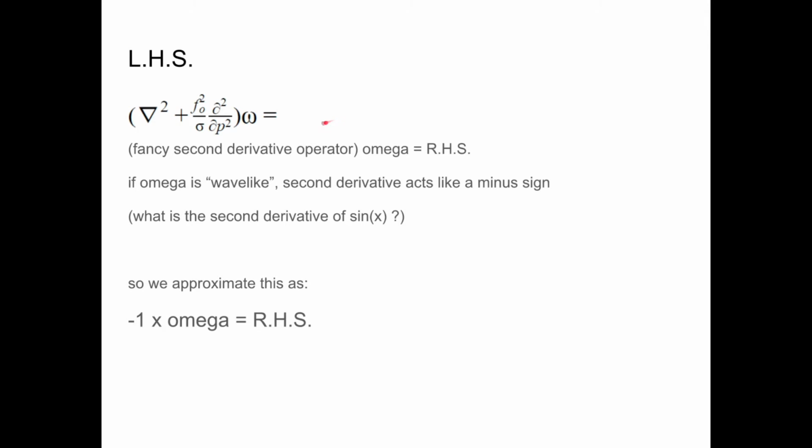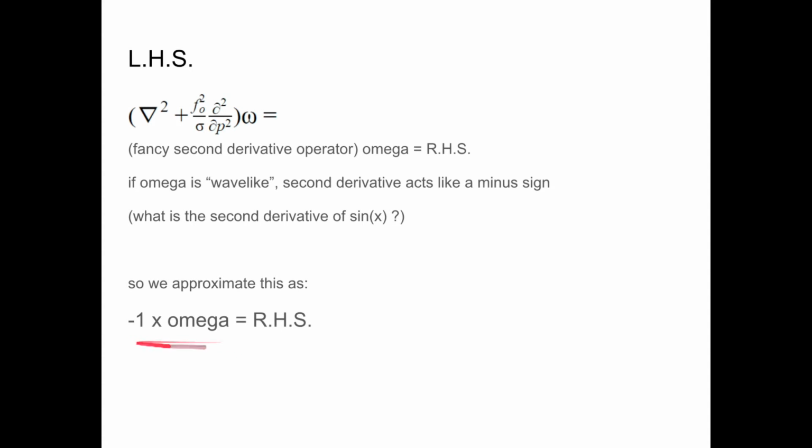And usually what we do is assume that omega is wave-like, something like a sine or cosine function. And if that's the case, if we take the second derivative of a sine function, we just get minus 1 times that function. And so this big, fancy, complicated operator, we can approximate as just a negative sign. So we're negative 1 times omega.